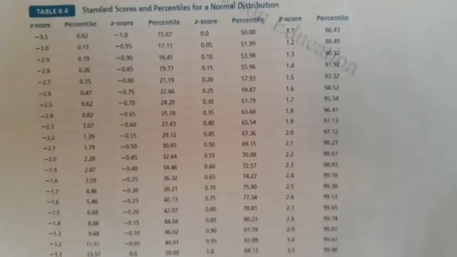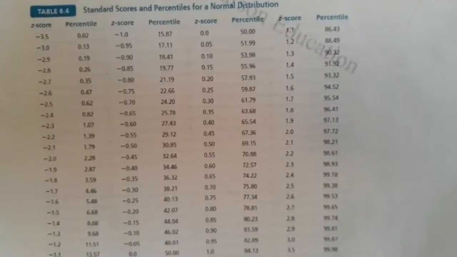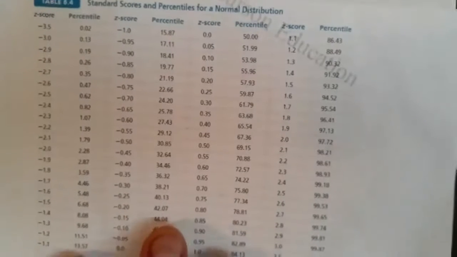I'll throw this out and then I'll let you work it because you've got the camera. I think it's a 4-step process. If you have the percentage, go look up the z-score. That's step 1. Step 2, multiply the z-score by the standard deviation.